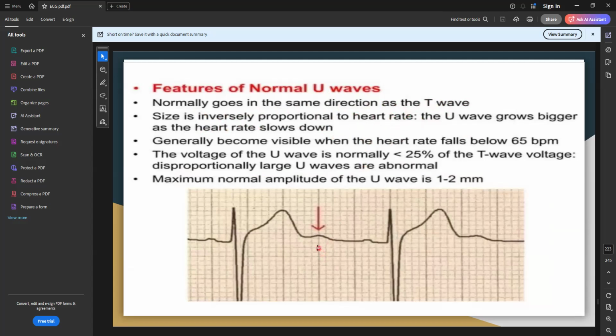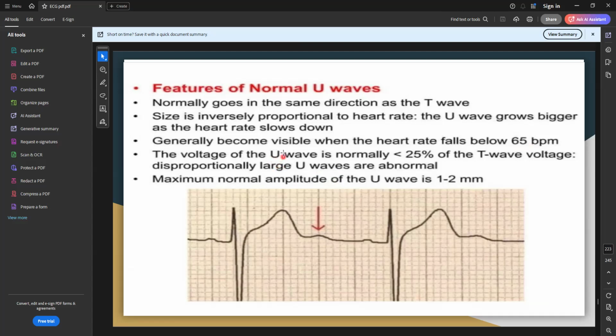This U wave becomes prominent when the heart rate is low, that is in bradycardia. But this U wave is not visible when the heart rate is more. It becomes visible if the heart rate falls below 65.